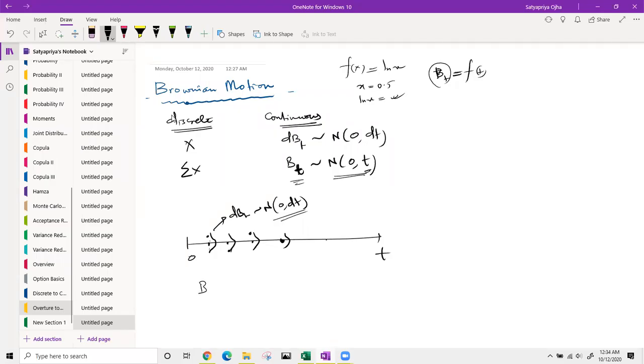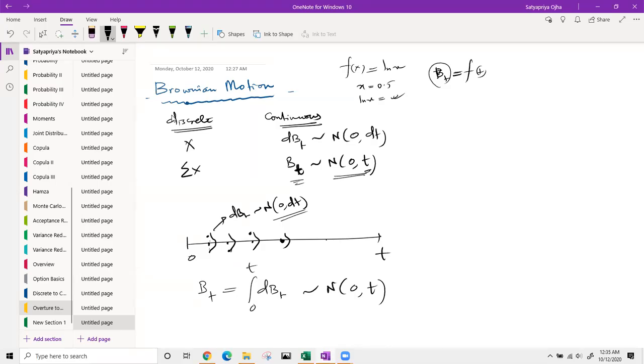And we can see one small integration. This is very straightforward. So if we integrate dBt from 0 to t, for example, what does it mean? Integration means you always have to think of integration in terms of a sum. In the case of stochastic calculus, you always have to think of integration as a sum. You're just adding a bunch of random quantities. And we know this is correct. This is the aggregate effect.